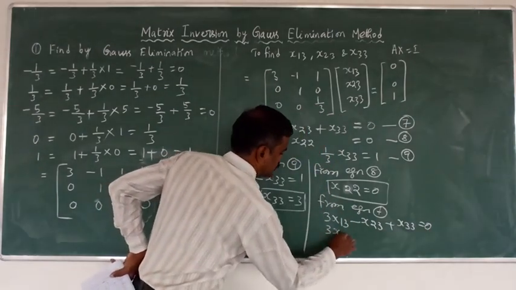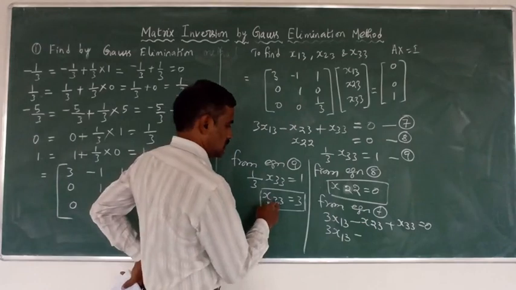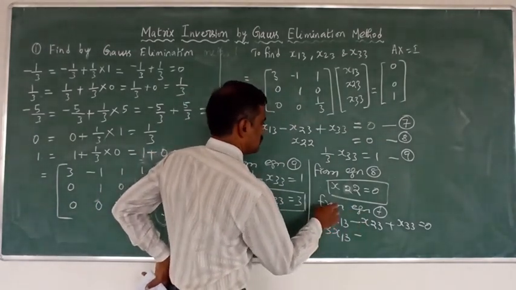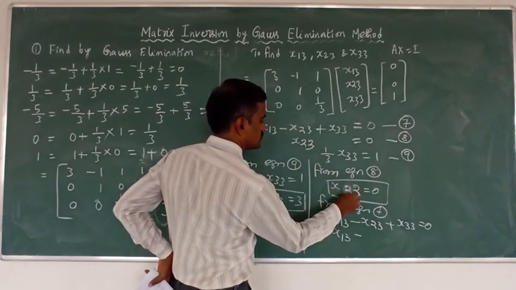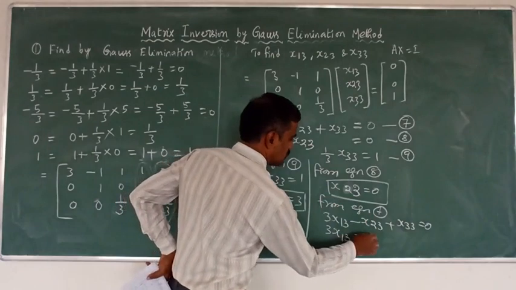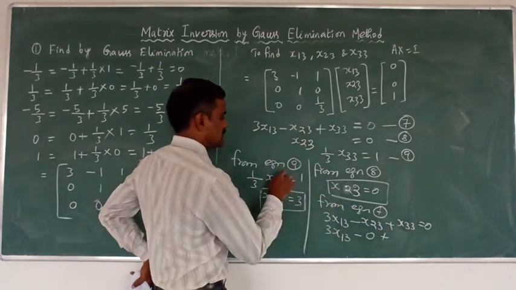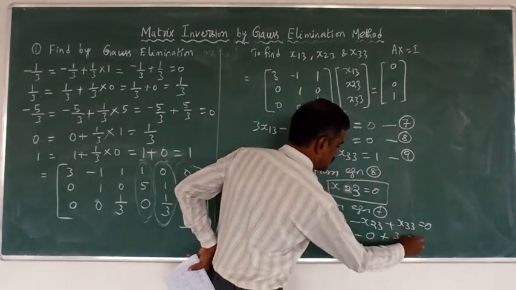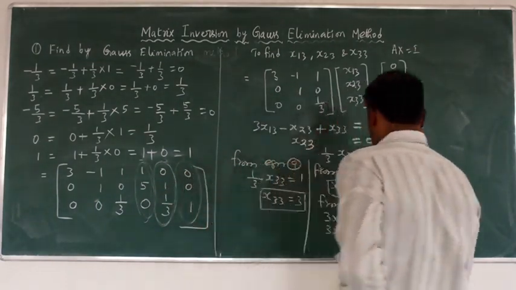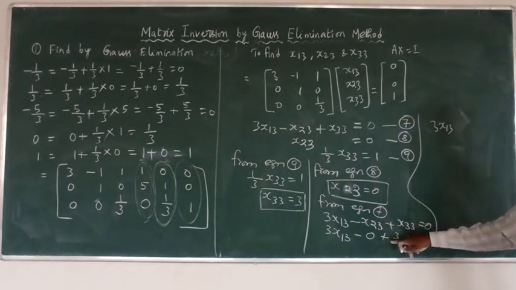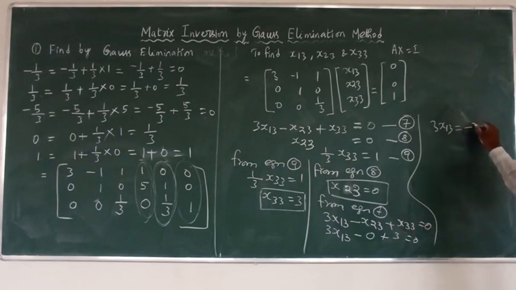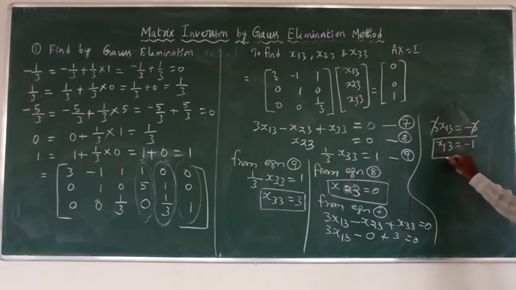With x23 value 0 plus x33 value 3 equal to 0, so 3 x13 plus 3 equal to 0. We can take the 3 to that side as minus 3, then x13 equal to minus 3 divided by 3, so x13 equal to minus 1.